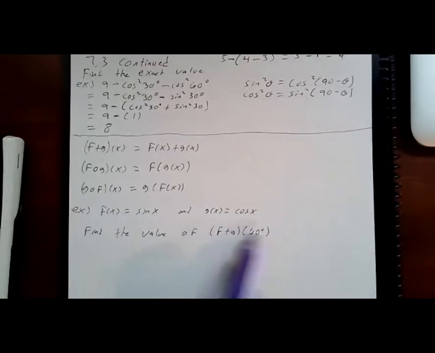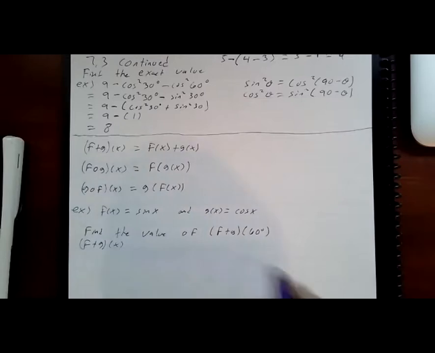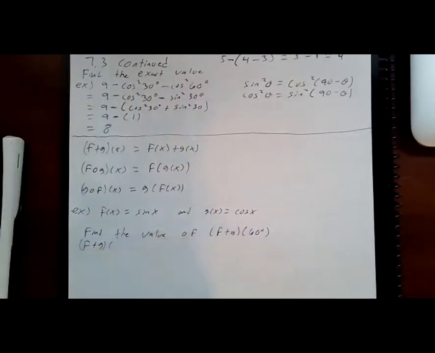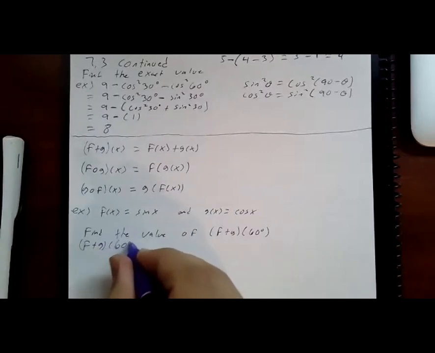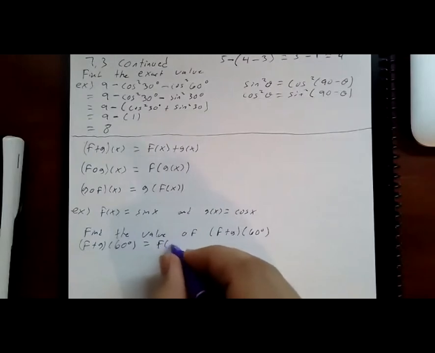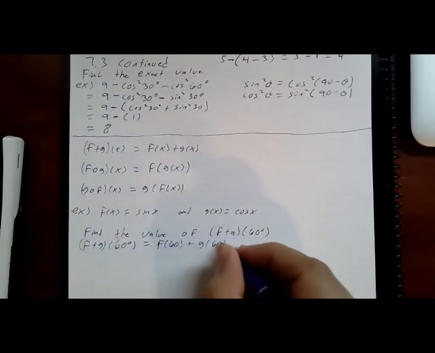Just remember, what the heck does this mean? Well, all that means is add the functions together. That's a 60, not an x. So that will be the same as saying f of 60 plus g of 60 degrees.